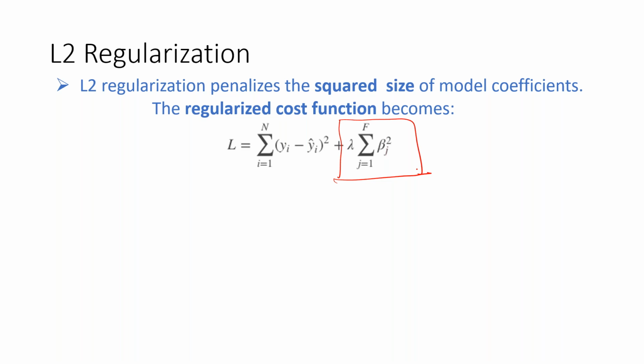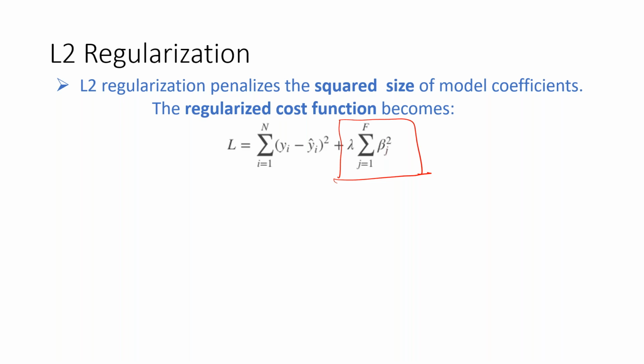So L2 is a little different from L1. This is lambda times sum over j equal to 1 to f of beta j squared. Because we are squaring, the mathematical effect is that even small values, because we are using this square term, will never become 0. They will become smaller and smaller, but never go to 0.